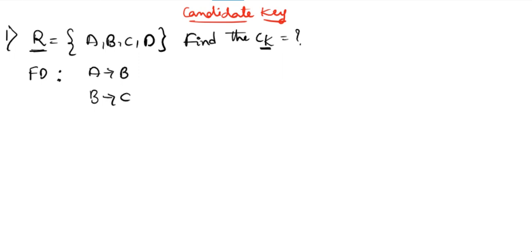And one more thing: before finding the candidate key, first of all we should know how to find the super key. What is a super key? A super key is the maximum set of attributes considered as a key.